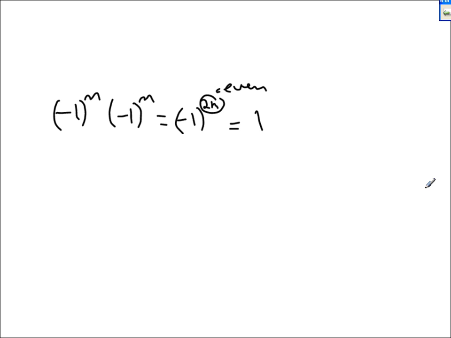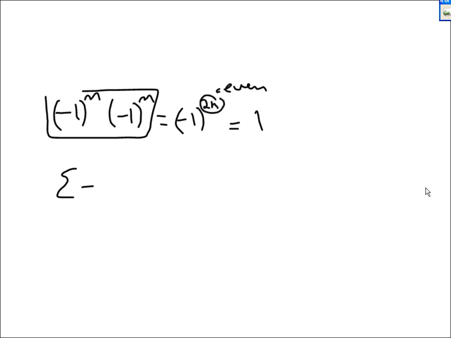If you have negative 1 to the n, well, if n goes 1, 2, 3, 4, 5, those signs will alternate. Negative 1, plus 1, negative 1, plus 1. But you know what? If you multiply it by another negative 1 to the n, that's negative 1 to the 2n. 2 times an integer is always even. This is just 1. This is just 1.